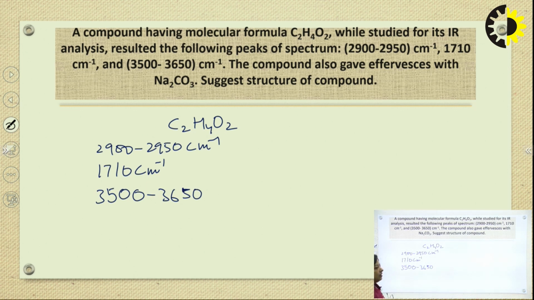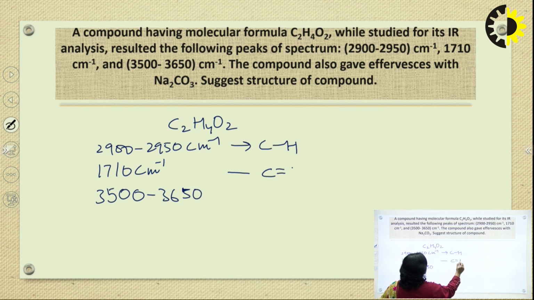If we know the pattern, then we can say this is the identification of the CH bond, this is the C double bond O, and this is the identification of the OH bond.